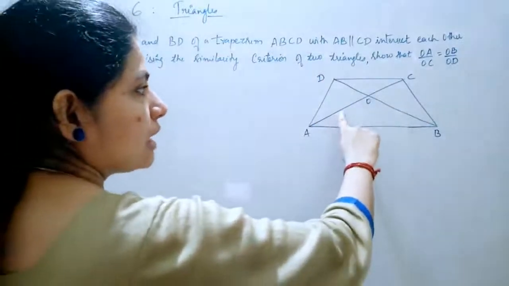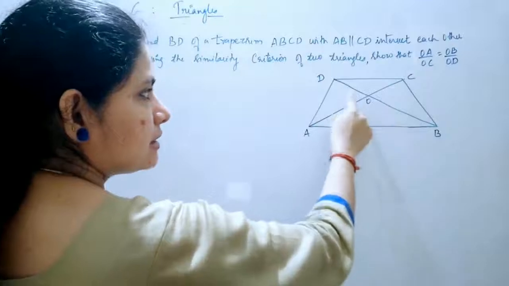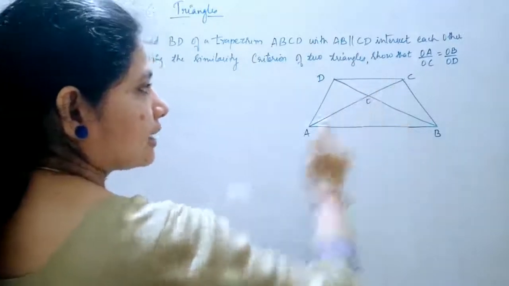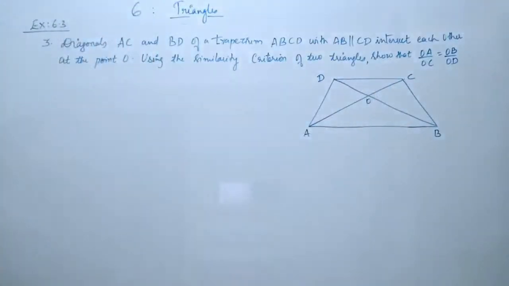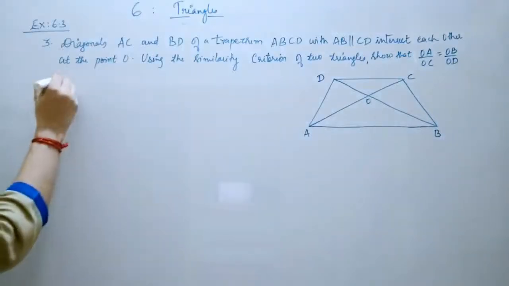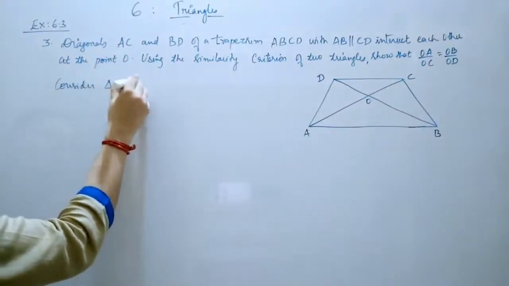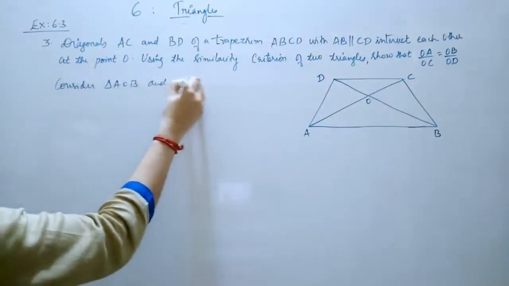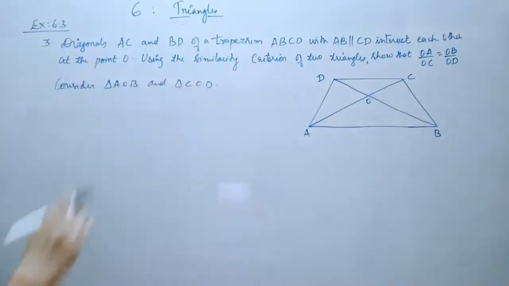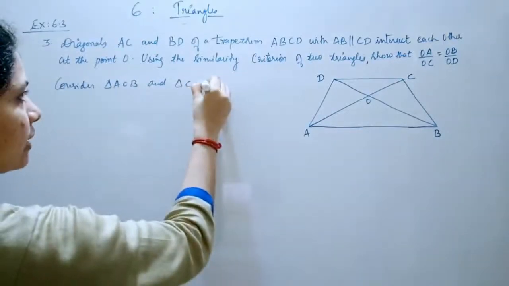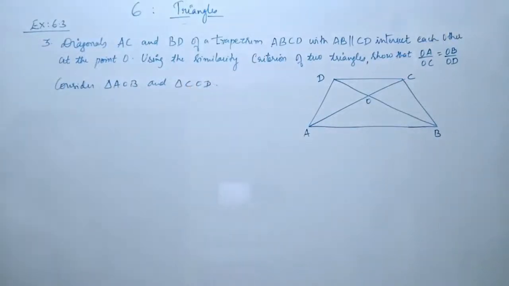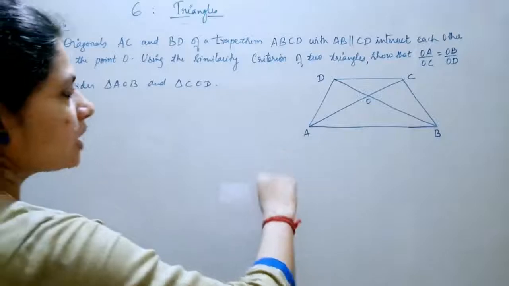Since we have to get this and this, we will consider these two triangles, that is triangle AOB and triangle COD. Now our purpose is to show that these two triangles are similar so that we can get the corresponding sides to be proportional. So what concept can we use?